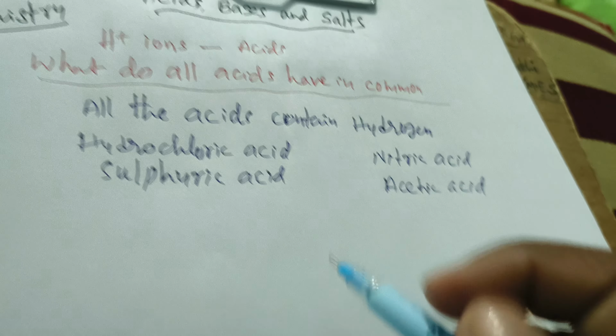When hydrogen ion is dissolved in water, it forms the H3O plus ion, the hydronium ion, with polar water molecules. So hydrogen must always be written as H plus aq or H3O plus ions.